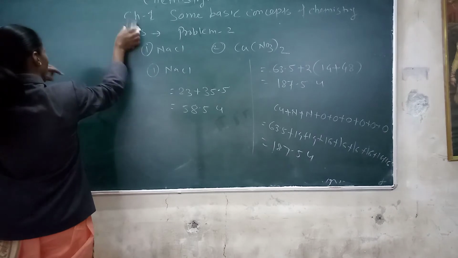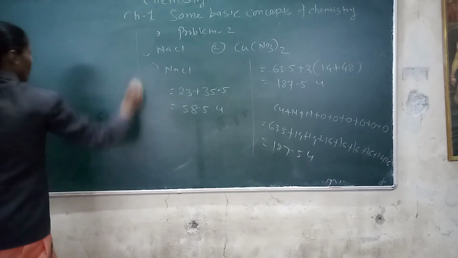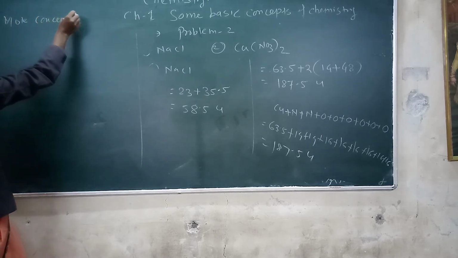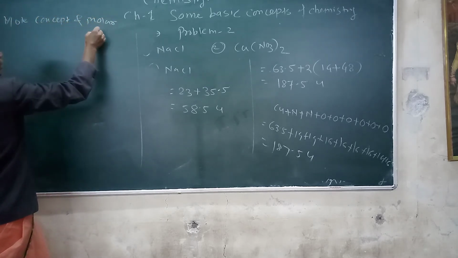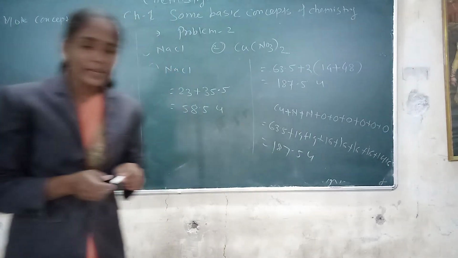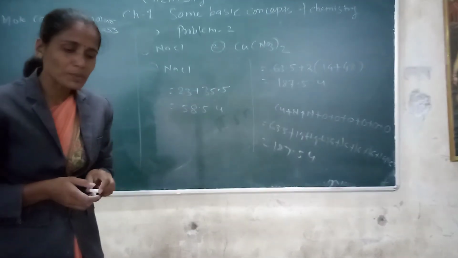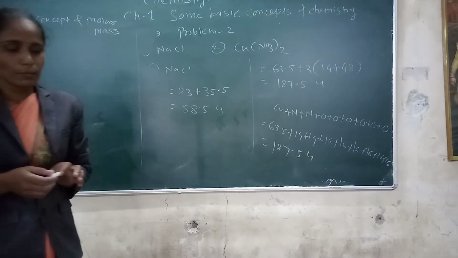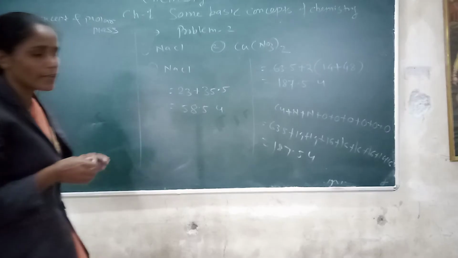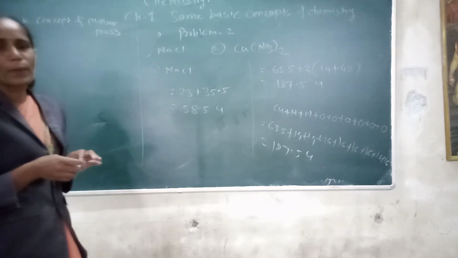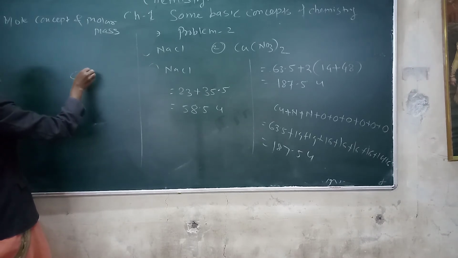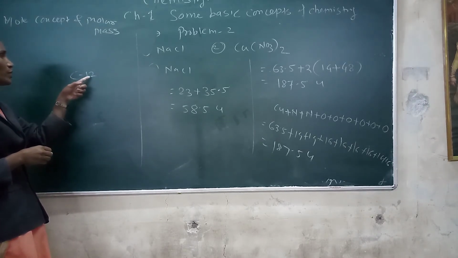One mole is the amount of substance that contains as many particles as there are atoms in exactly 12 gram of carbon-12 isotope. The standard element is carbon-12, meaning atomic mass of carbon is 12.